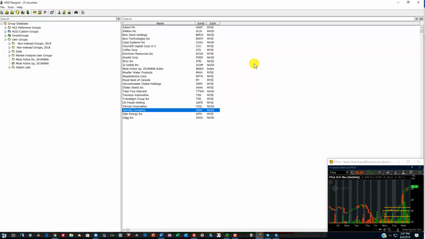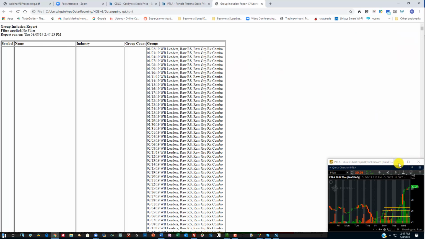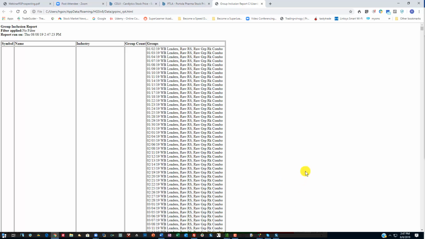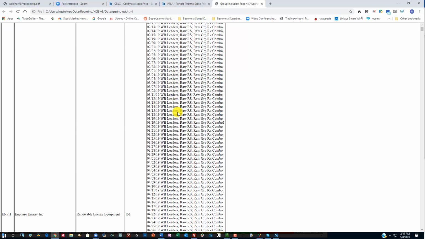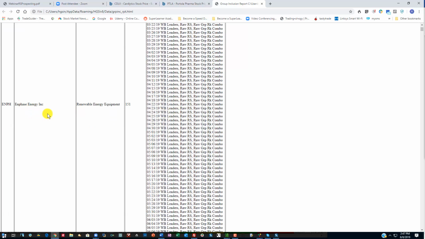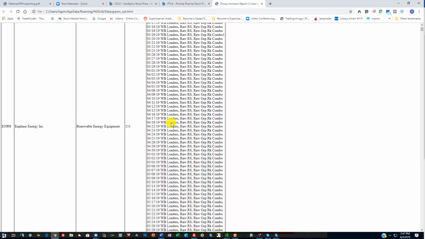And what this is doing, it's generating an HTML page, and you can see where these stocks started appearing. And the number one stock that I mentioned already is ENPH. It's appeared 151 times as a high relative strength stock in this SmartGroup.